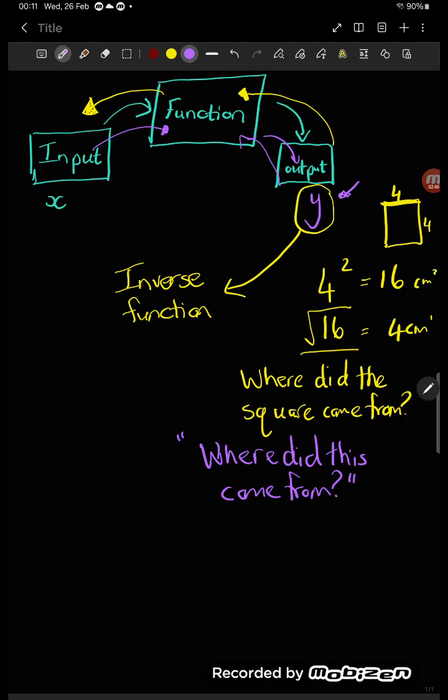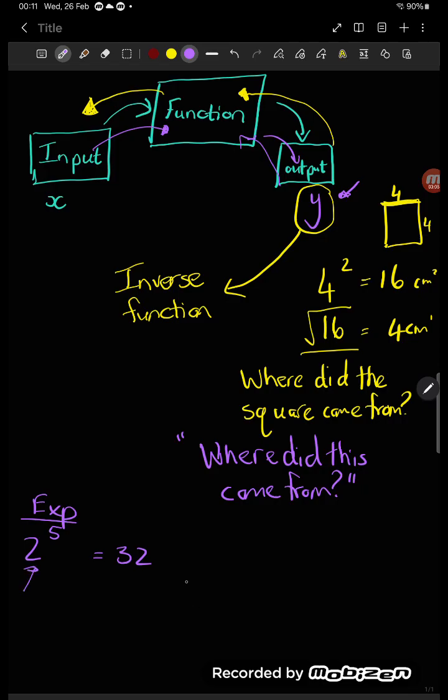This y output. If I've got an exponential function, say for instance 2 to the 5 is 32, and that's a function. What happened inside the function?